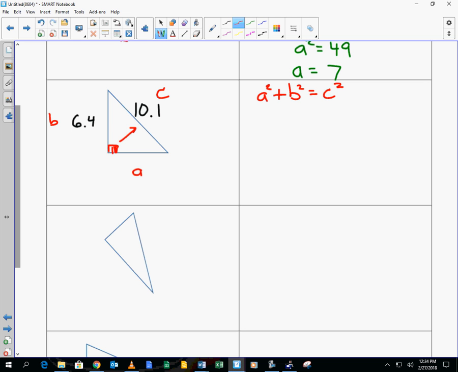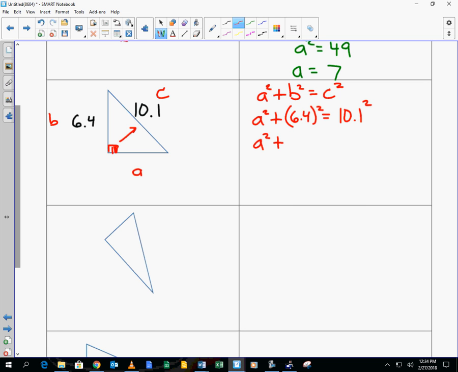Do you know A? A squared. Do you know B? Do you know C? Oh, I'm going to need to square that.